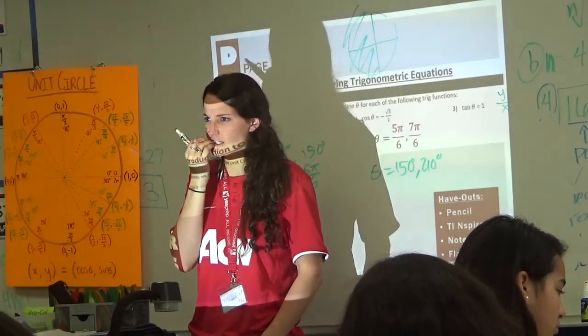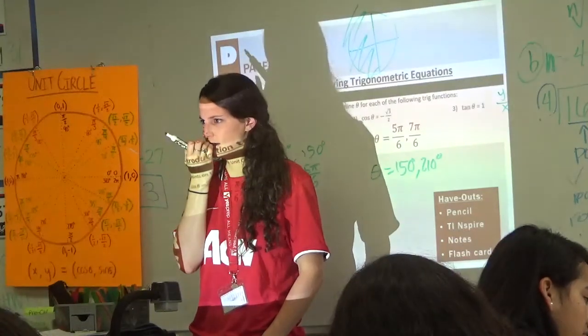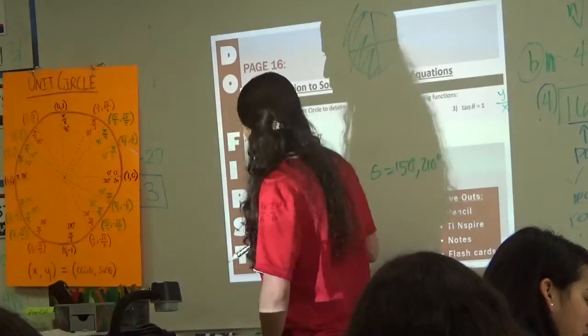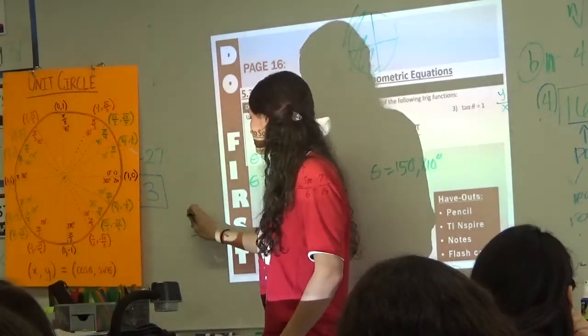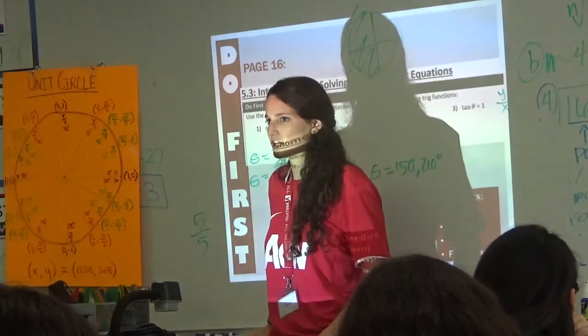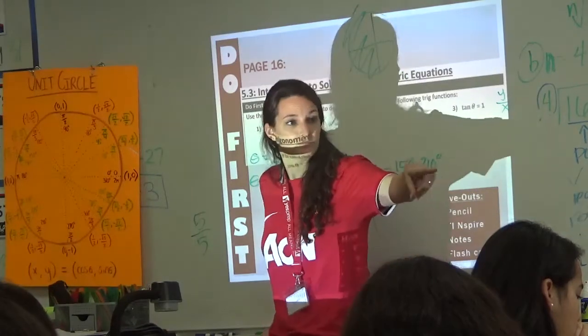Where is that going to happen? How in the world are we going to get 1? Okay, hint. When I have a number divided by itself, like what's 5 divided by 5? 1. So does anyone see anywhere where your y and your x are the same?